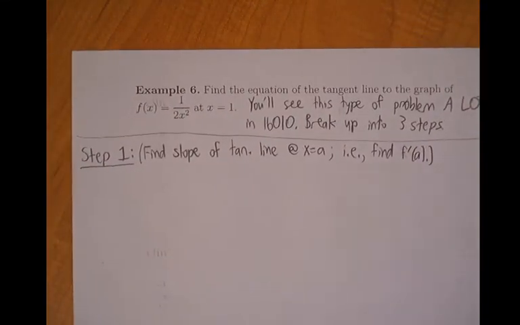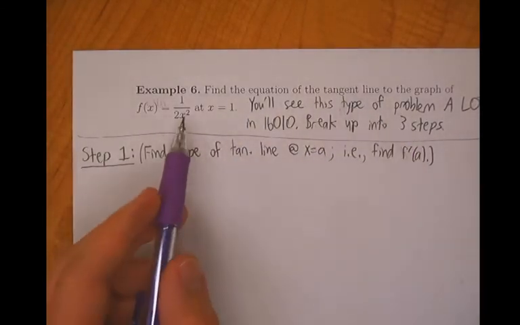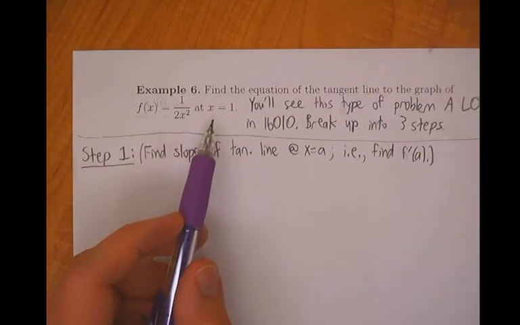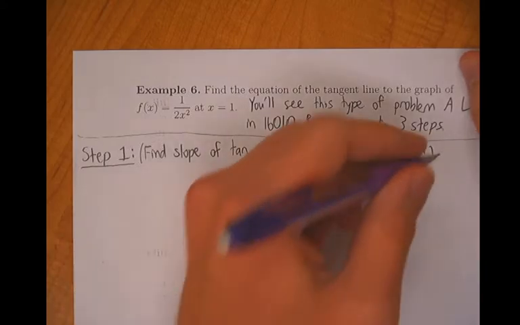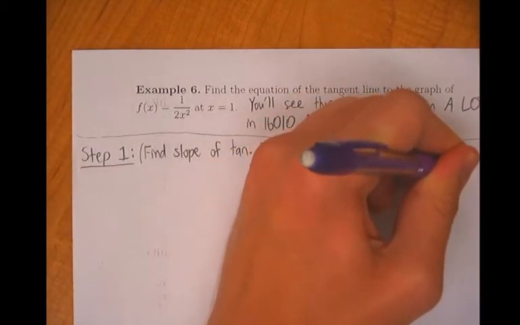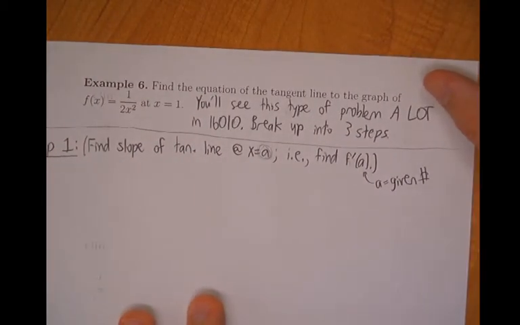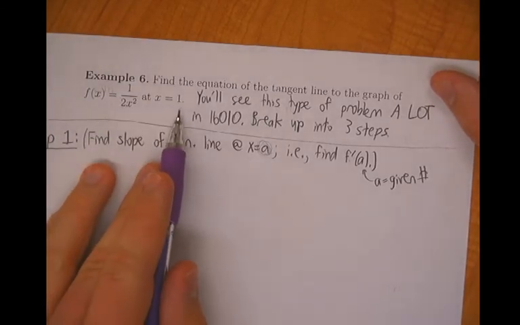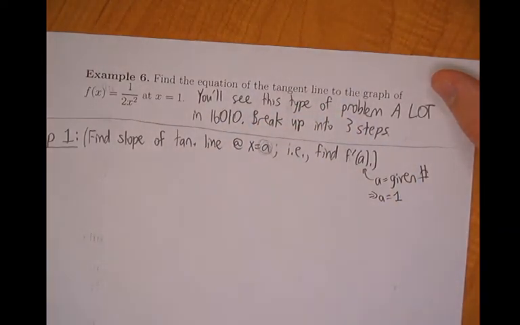Okay? So what does that mean in this situation? If we take a look at our problem statement, a is just going to be some explicitly given value in this context. A equals given number. In this case, you're given that x equals 1, so a should equal 1.